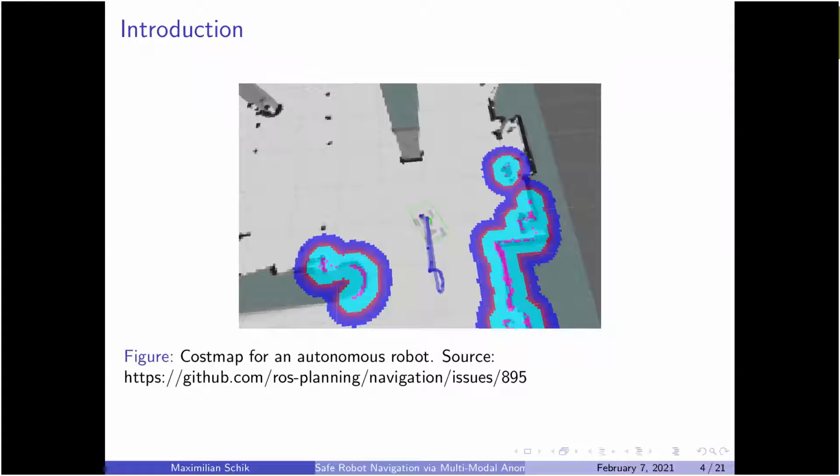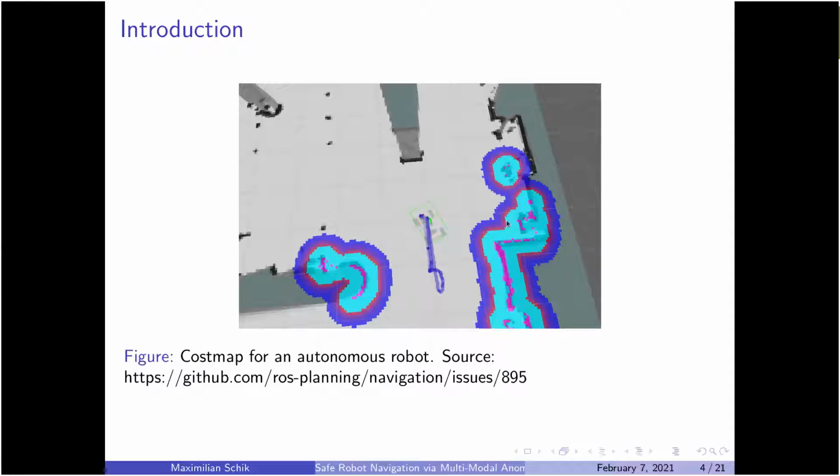To see what such a mapping procedure would look like, we can look at this image. Here we see a cost map, it's called. So we have our obstacles. Those are represented by the small black dots. Those were recognized as geometry or obstacles.